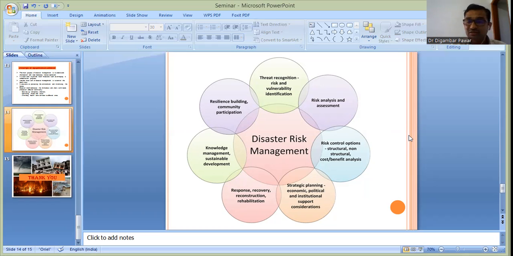Response, recovery, reconstruction and rehabilitation is there. It is very important. Even information or knowledge about disaster management is also very important for sustainable development. Then resilience building and community participation are there. So these are the key factors to manage the risk of disasters.